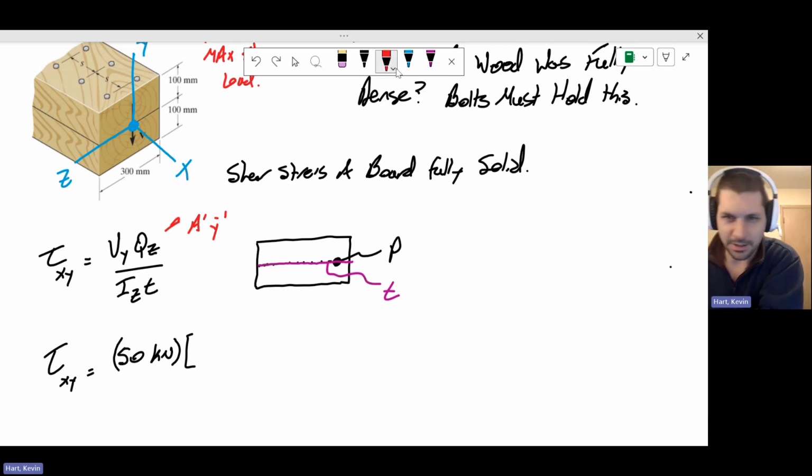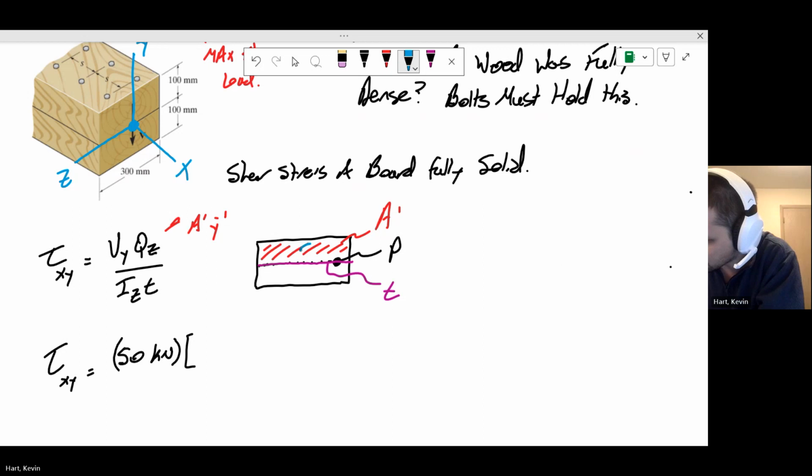And once we've sectioned our cross-section, we denote the area above that cut as A prime. That little area itself has a centroid, so here it is, and the distance to that is our y bar prime.